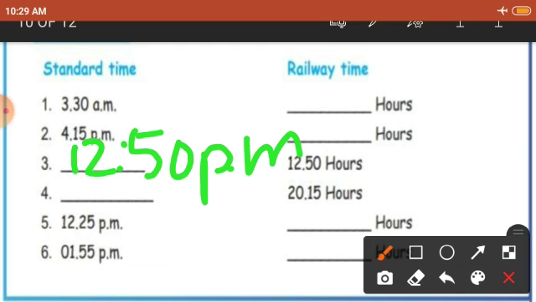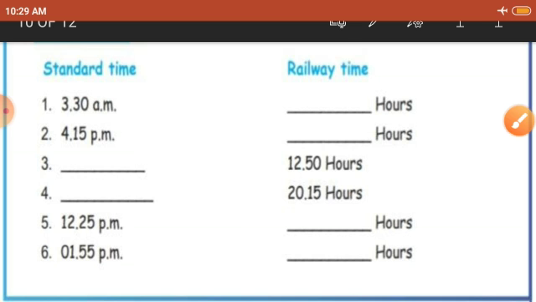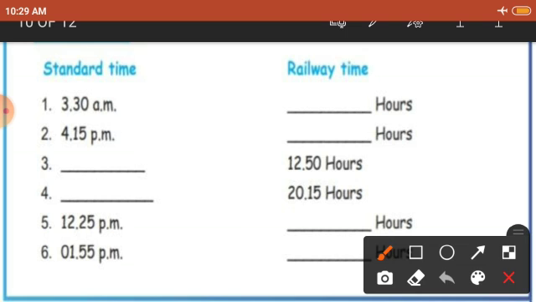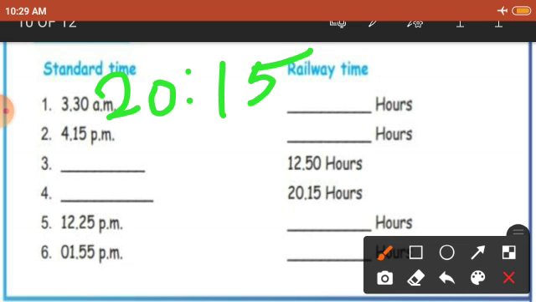Next, let's see the next one. Next one also they didn't give the standard time. They simply gave the railway time, that is 20:15 hours. So how will you find out the answer? To convert this, you have to subtract 12 hours from this, then only we will get the standard time.